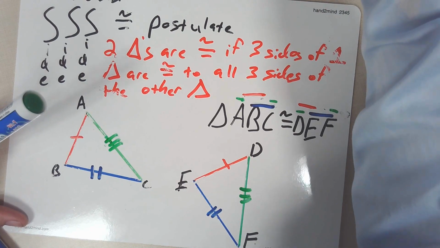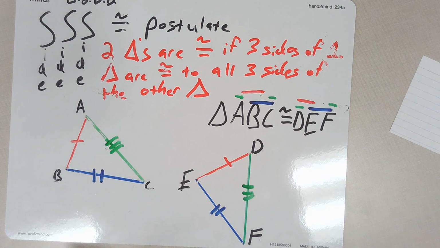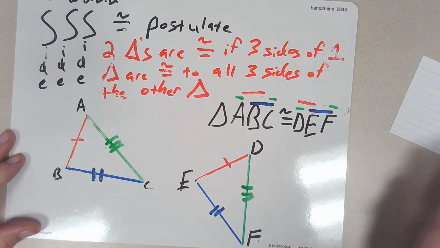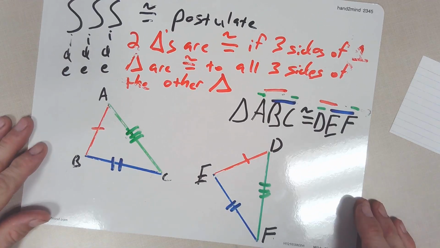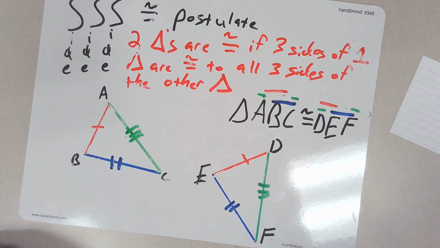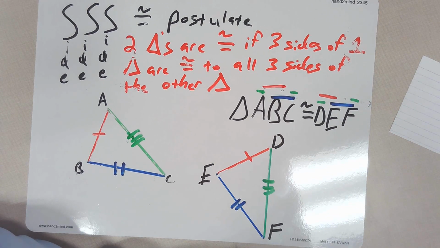So the side postulate is saying that if I have 2 triangles that share the same side lengths, then these triangles are congruent. So hopefully that makes sense.